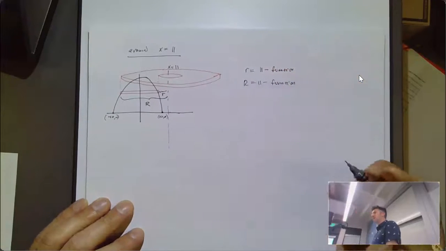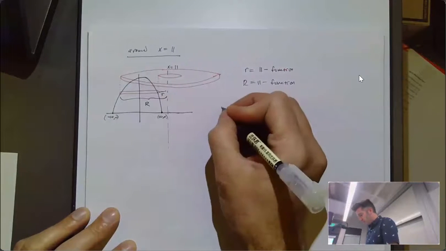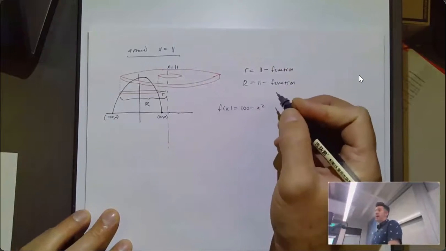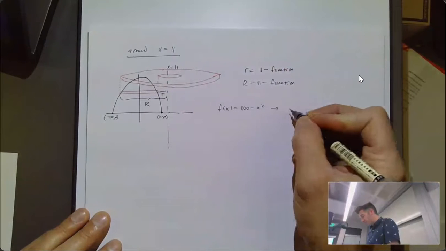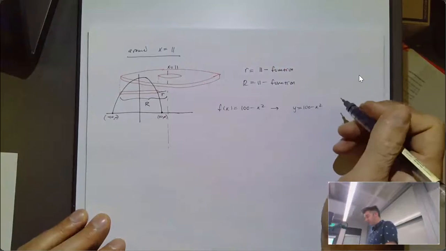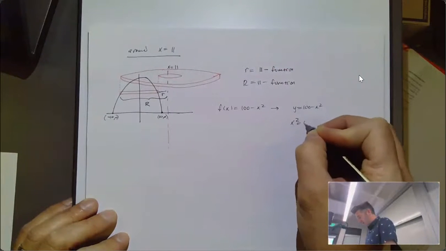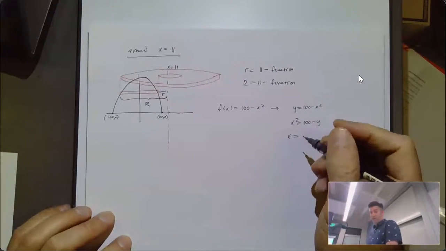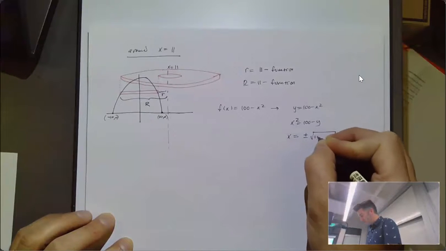But they're not the same because we have to take our function, which is f of x equal to 100 minus x squared, and we have to write it as x is a function of y. So I'm going to write this as y equal to 100 minus x squared, and I'm going to solve for x. So let's see, I've got x squared equal to 100 minus y, and x equal to, now this is where this is really important, plus or minus the square root of 100 minus y.